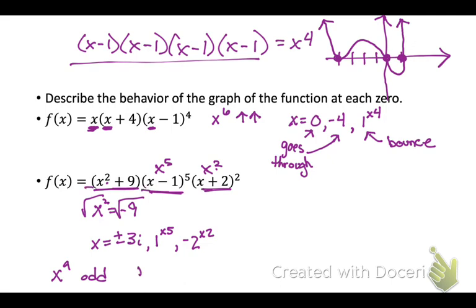So that means it has to start where? Down. Odd looks odd. What does even look like? It goes both up or both down. How do you know if they go up or down? Because of whether the first number is positive or negative.